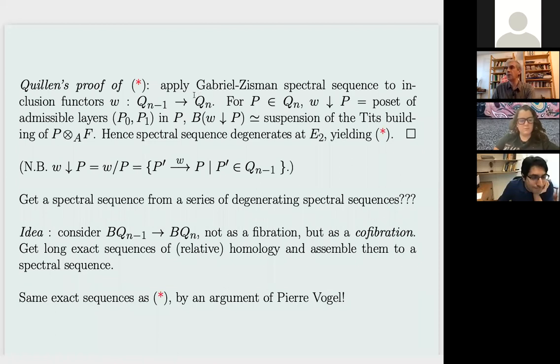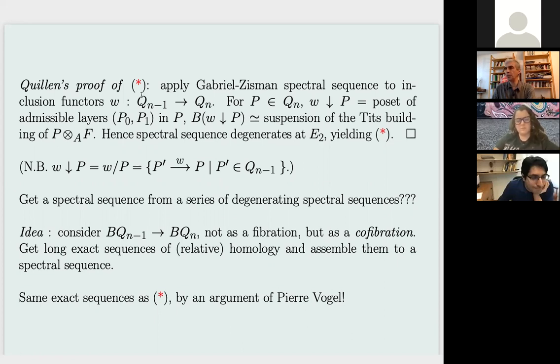And then when you have a functor between 2 categories, if you look at Gabriel-Zisman's book on calculus of fractions and so on, they construct a spectral sequence which converges to the homology of the left category. So here, Q_{n-1}.